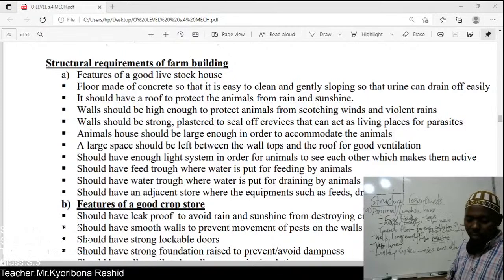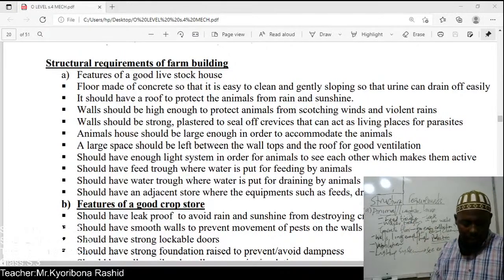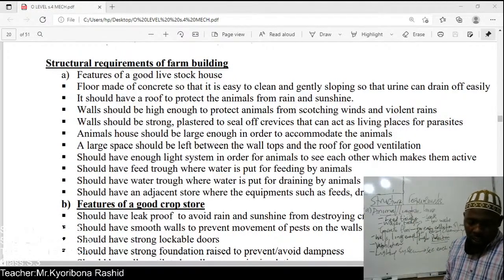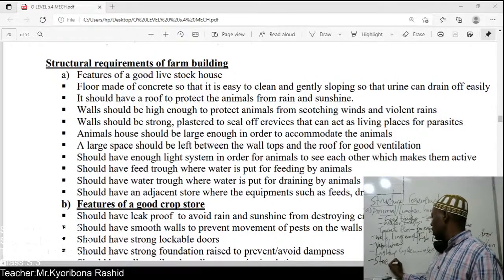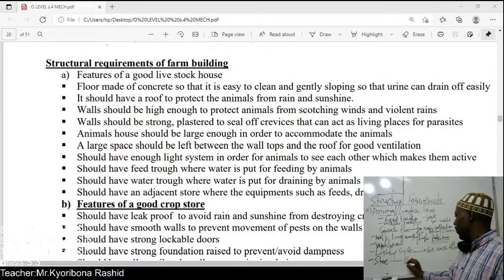But they are supposed to be in a position to glance at the males. We should have a store, just a store where we keep the feeds.